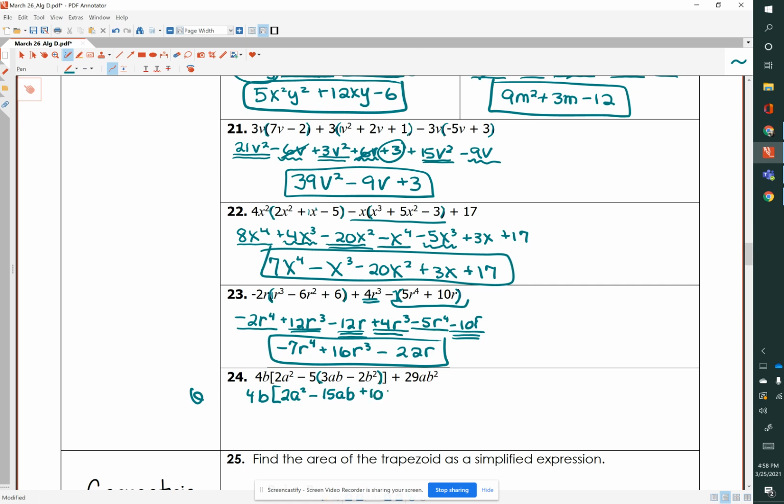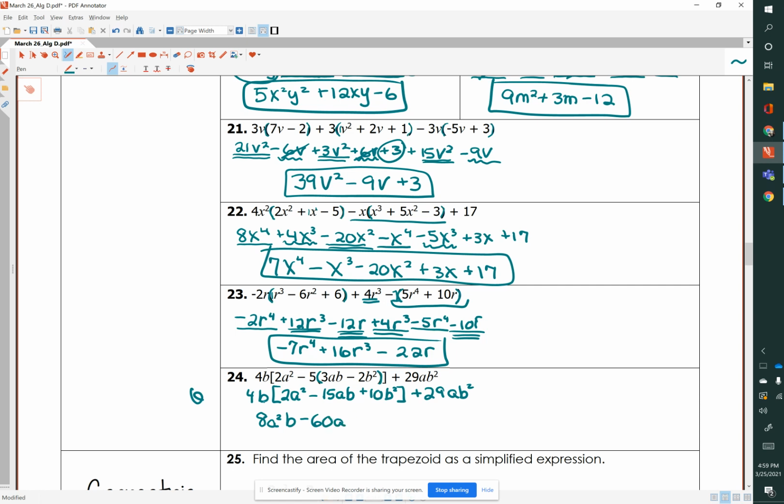b squared plus 29ab squared. Okay, so now let's distribute the 4b through. So 4b times 2a squared is 8a, always go in ABC order, squared b. And then 4 times 15, it's negative 15, so it's negative 60.